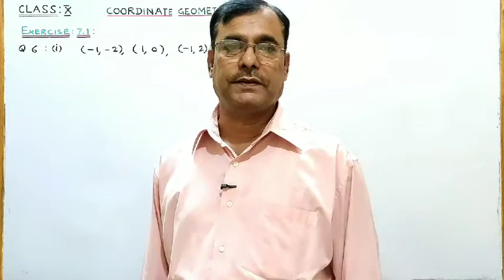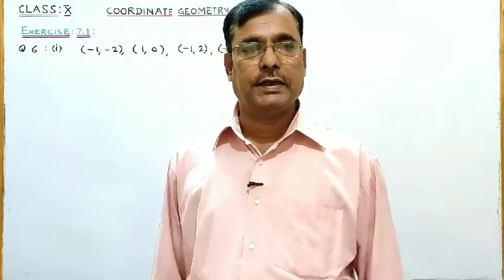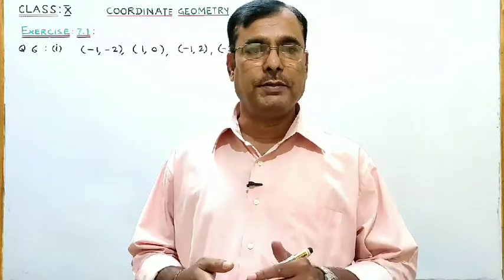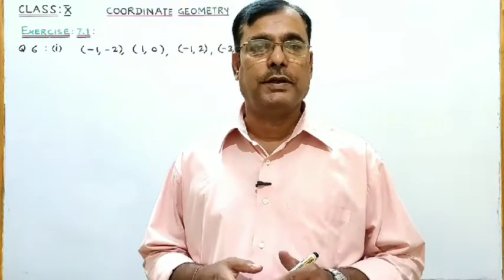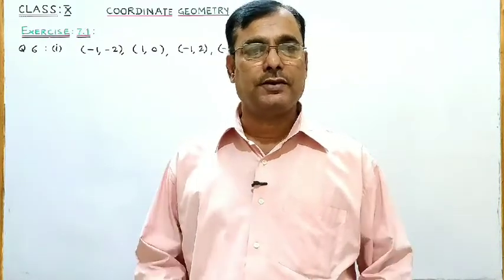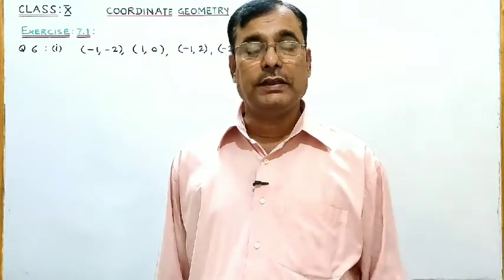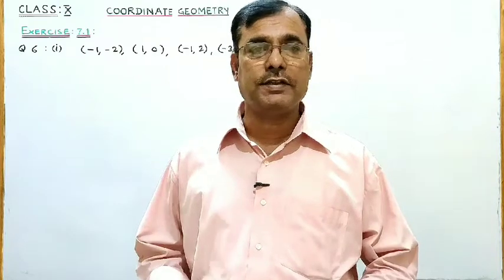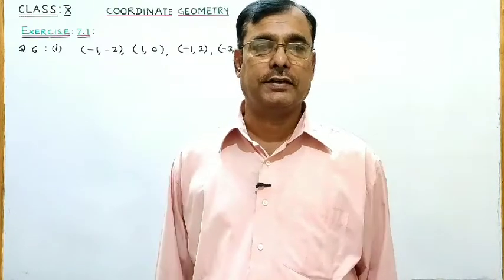7.1 question number 6. In this question we are given 4 points and we have to determine which type of quadrilateral is formed by joining these 4 points, and also we have to give reasons for the answer. In this question we shall use distance formula and find out the sides of the quadrilateral.